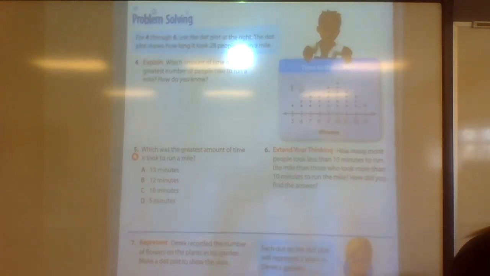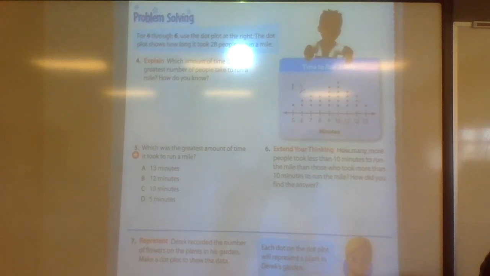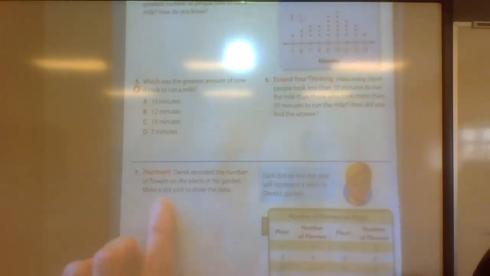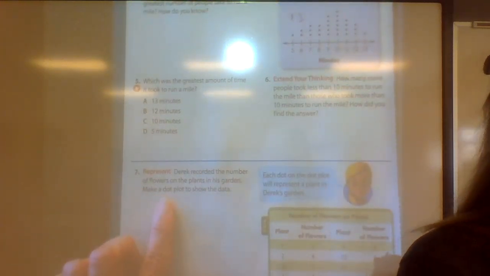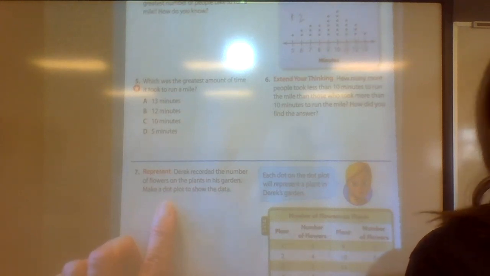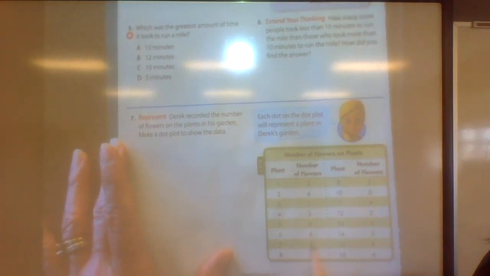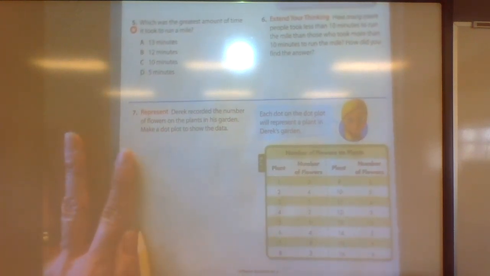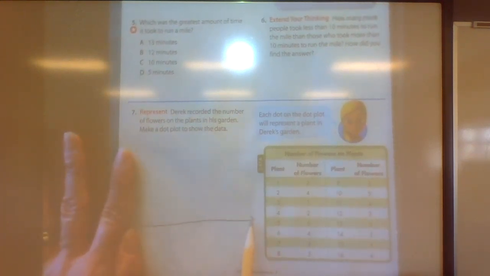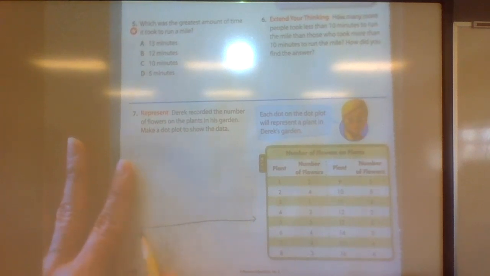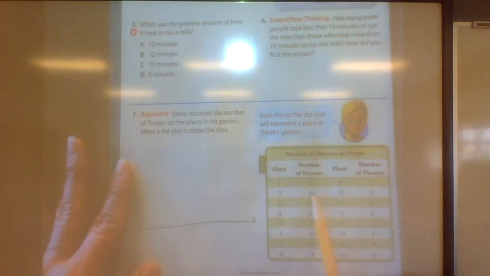Number 7, Derek recorded the number of flowers on the plants in his garden. Make a dot plot to show the data. So you are going to make your dot plot and record your data. It looks like the number of flowers is going to be what your data is.